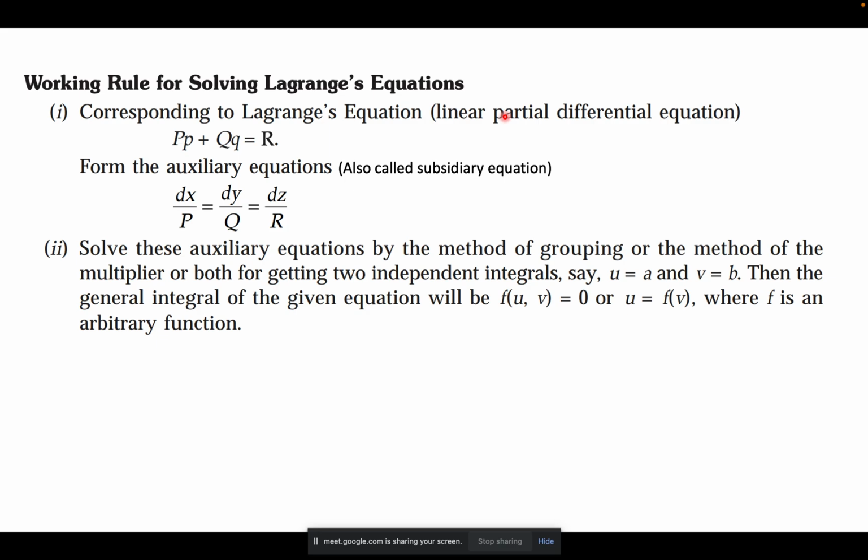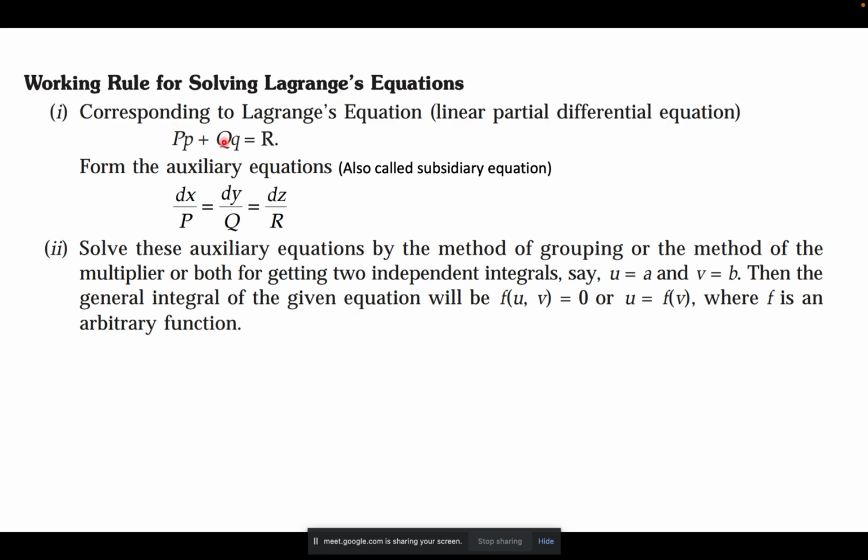If they have more than 1 order, then those will be nonlinear partial differential equations. So in future you will be given a partial differential equation of this kind.